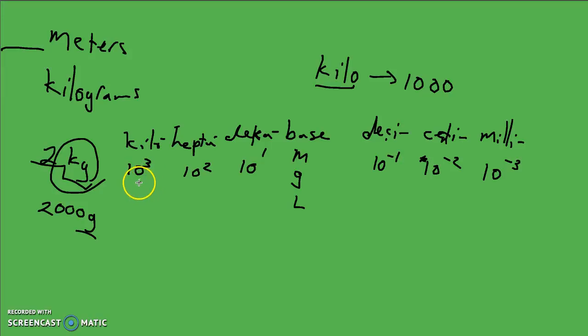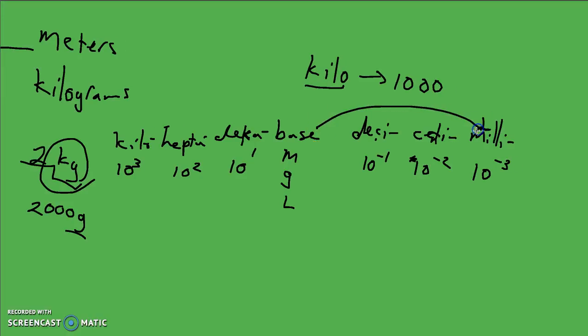Okay, and so the trick here is this. When we're doing metric conversions, when you're swapping these prefixes, you basically have to look at which way you're going. So if I want to take meters and find out how many millimeters they are, I'm going to go from here to here.